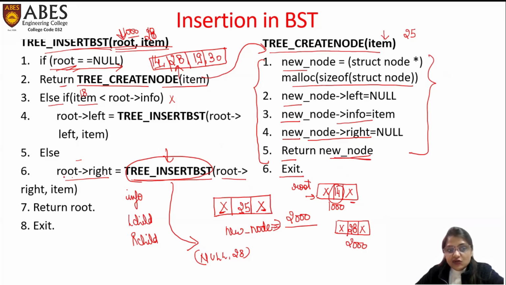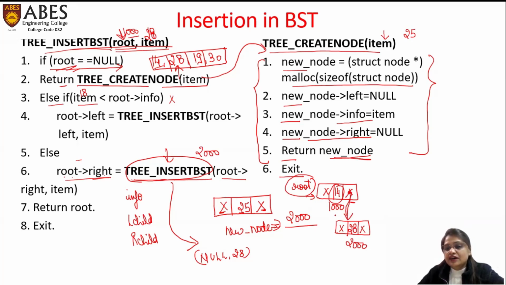It means root right, where earlier root was 1000, and 1000's right, which was earlier null, will now be assigned a new value, 2000, the address returned by the create node function or procedure. So we will interconnect this node here.